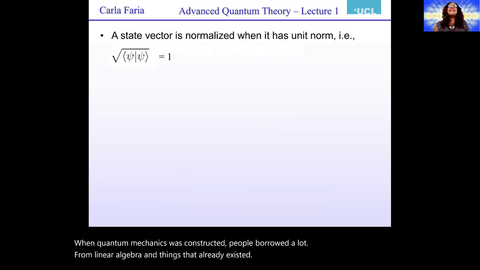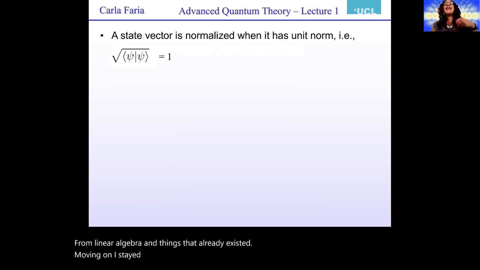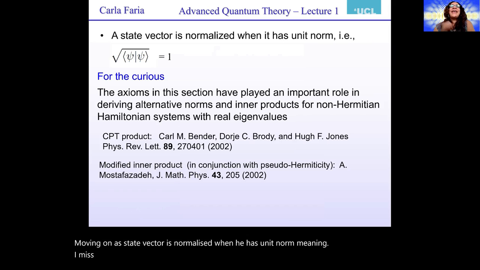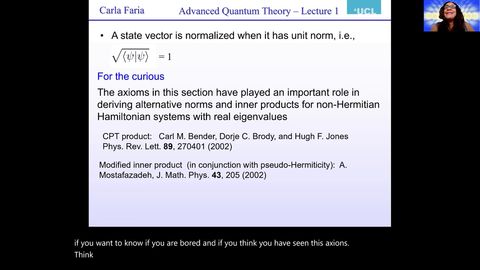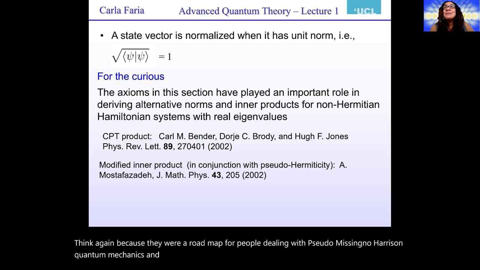Moving on, a state vector is normalized when it has unit norm, meaning the norm is unity. And if you are bored, and if you think you have seen these axioms, think again, because they were a roadmap for people dealing with pseudo-Hermitian and non-Hermitian quantum mechanics, and for non-Hermitian Hamiltonian systems.